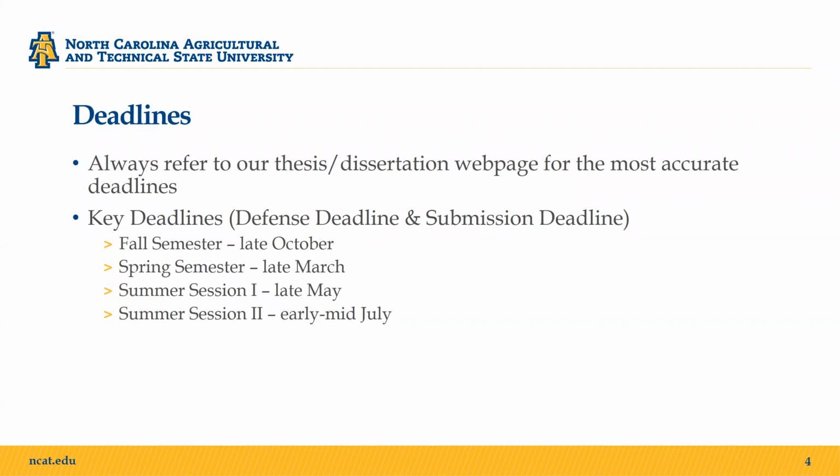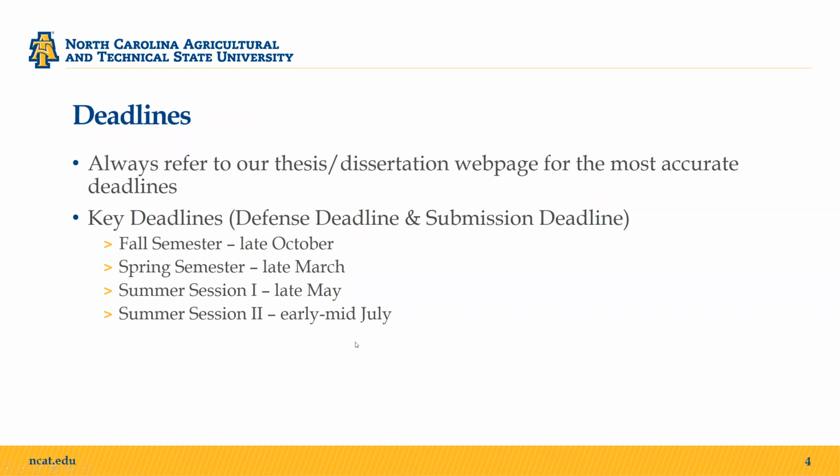The key deadlines, which as I said are the defense deadline and the submission deadline, are always going to fall in the fall semester in late October. In the spring semester, they're going to fall in late March. And for the summer sessions, they fall either for summer session 1 in late May or in summer session 2 in early to mid-July.